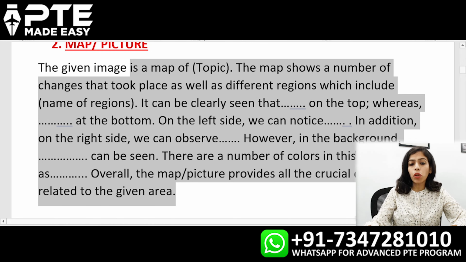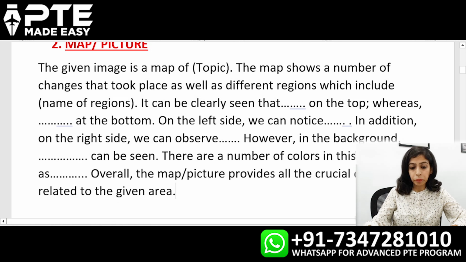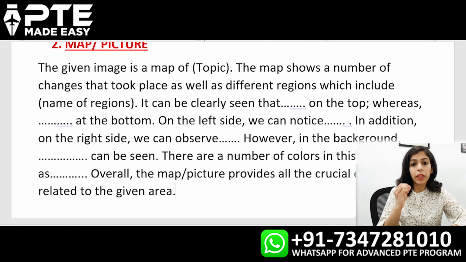Okay. Basically what happens whenever we get bar line graph, basically, the describe image question, we simply get 25 seconds to analyze the question. So in that 25-second span, you simply have to look at the image. After looking at the image, you have to understand it and then you need to decide what to speak in the given time.